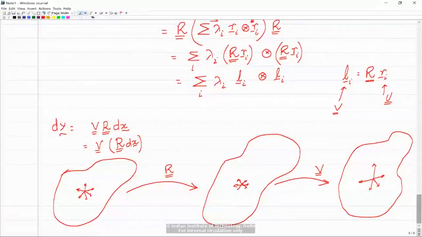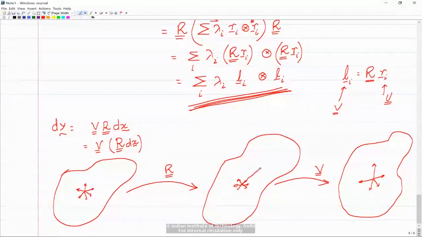Because of this decomposition of big V, in the intermediate configuration you can think of line elements, for example, this is L1, that's L2 and this is L3. These line elements do not change their orientation when you apply V. They just undergo change in length.